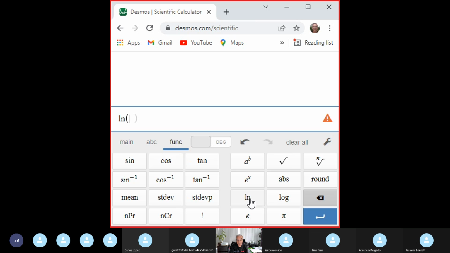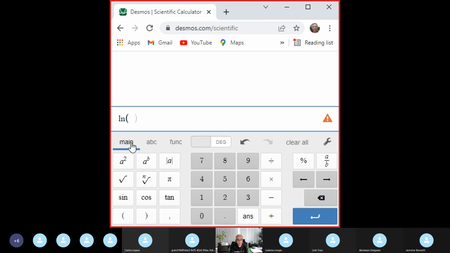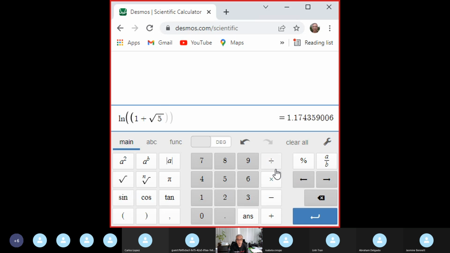I suppose the best way is you open the parentheses, because I want to enclose the top part of the fraction, the binomial 1 plus radical 5, and outside the parentheses you divide by 2.